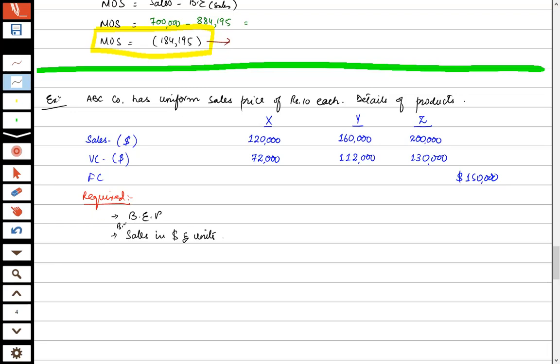This is break even sales. A similar requirement that we had done in the earlier question.